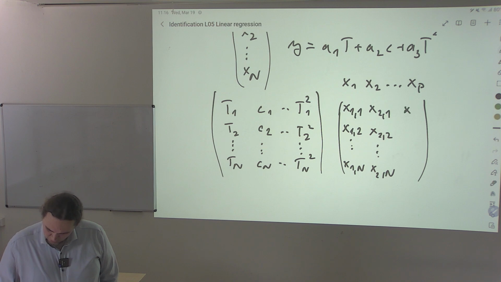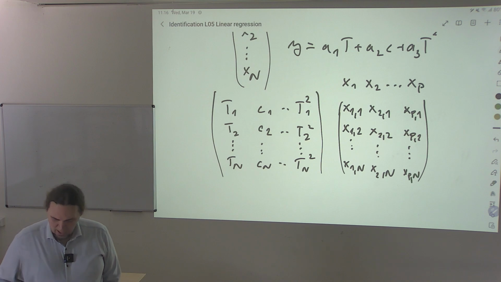And what we get here last is the pth variable, variable p in the first experiment, variable p in second experiment, variable p in the nth experiment.